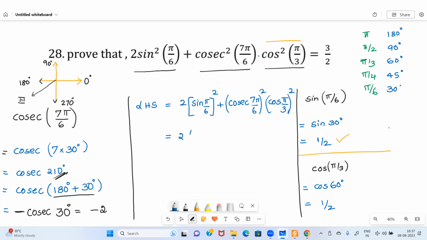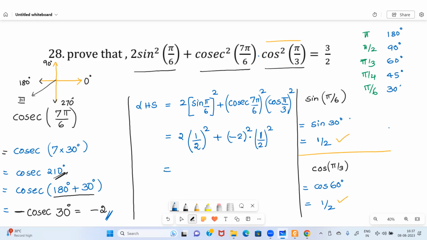So let us substitute 1 by 2 whole square plus cosecant 7 pi by 6. What is the value we have found? Minus 2. Therefore, it will be minus 2 whole square into cos pi by 3. What is the value we have found? We know that it is 1 by 2. So it's 1 by 2 whole square.